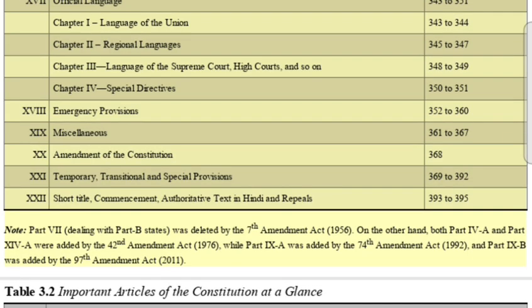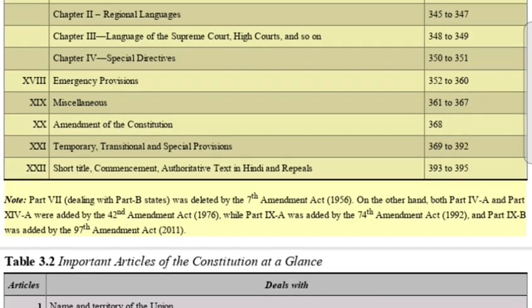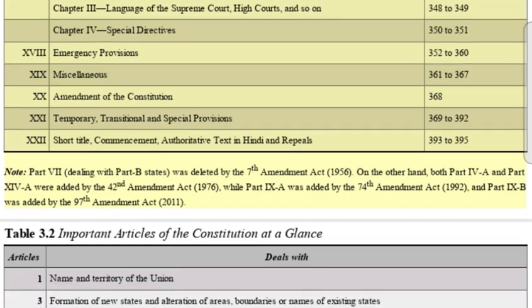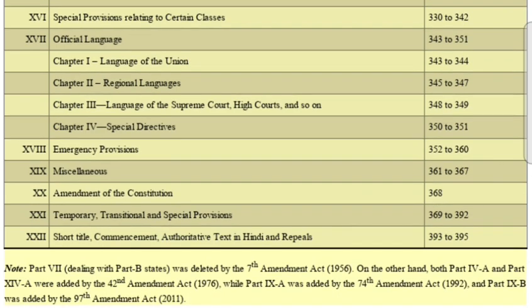Chapter 4, Special Directives, 350 to 351. Part XVIII, Emergency Provisions, 352 to 360. Part XIX, Miscellaneous, 361 to 367. Part XX, Amendment of the Constitution, 368. Part XXI, Temporary, Transitional and Special Provisions, 369 to 392. Part XXII, Short Title, Commencement, Authoritative Text in Hindi and Repeals, 393 to 395.